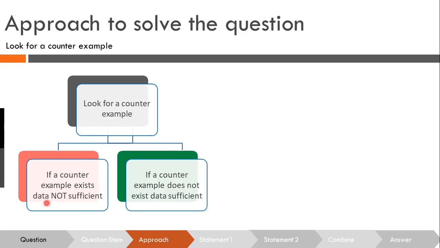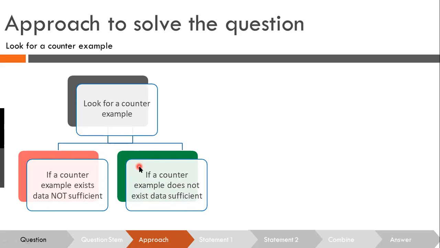Next, please repeat. If a counterexample does not exist, data is sufficient. So these are two statements that contradict each other; one is totally opposite to the other. If a counterexample exists, data is not sufficient. If a counterexample does not exist, data is sufficient. In this way we can correlate these two.